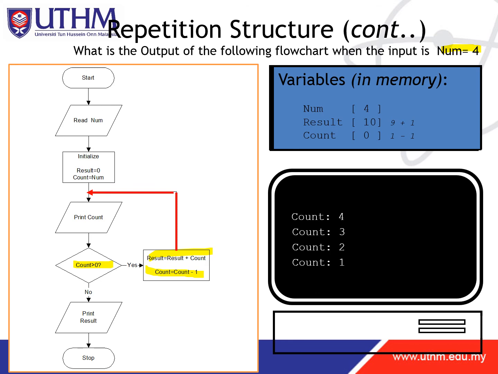Okay, so you see now the count equals 0, number equals 4, result equals 10. So when you go to the next step, the count is 0, and is the count greater than 0? No, right? So you will go to print result. Result equals 10. So you will print this 10 and then finish. Okay, and then you stop.